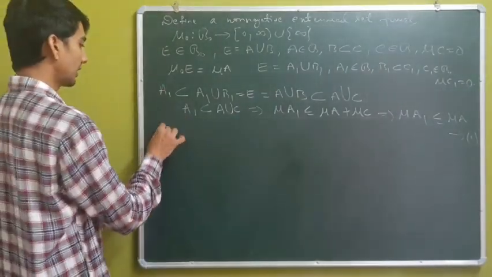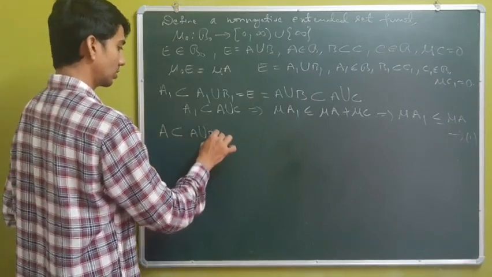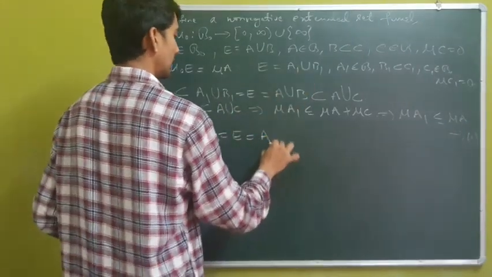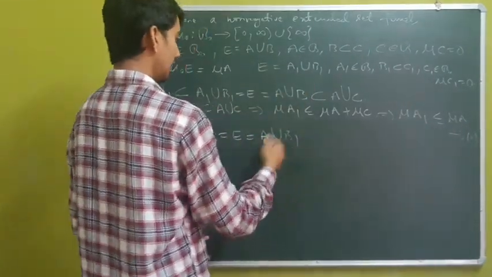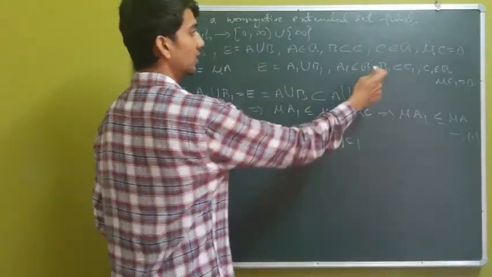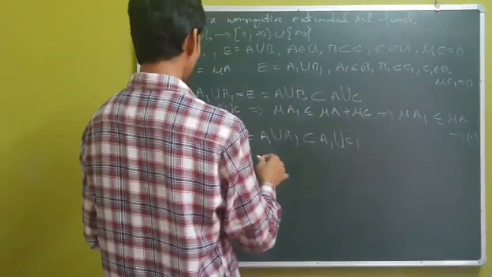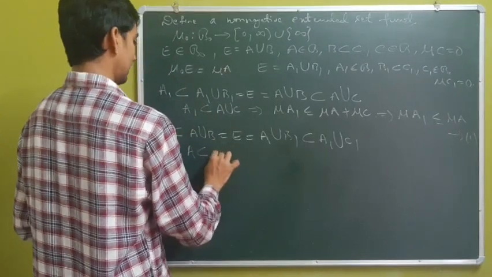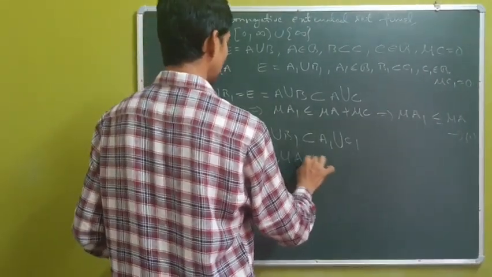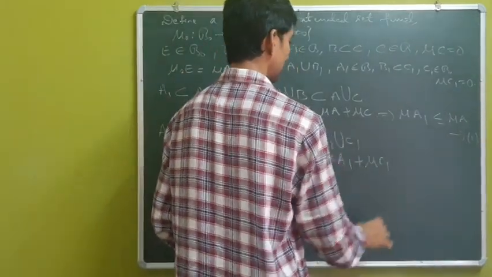In the same lines, if I consider the set A, this is again clearly contained in A union B, which is the same as E, and again E is A1 union B1, and this is contained in A1 union C1, as B1 is contained in C1. So by monotonicity, A is contained in A1 union C1, so that mu of A is less than or equal to mu of A1 plus mu of C1.